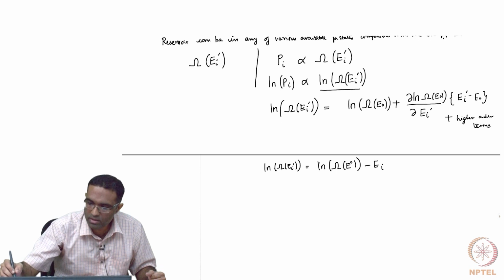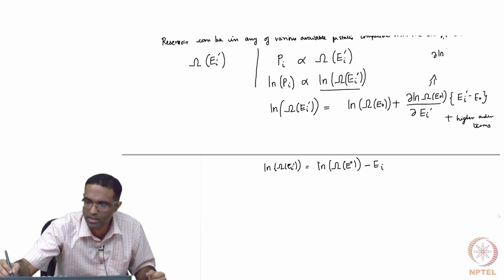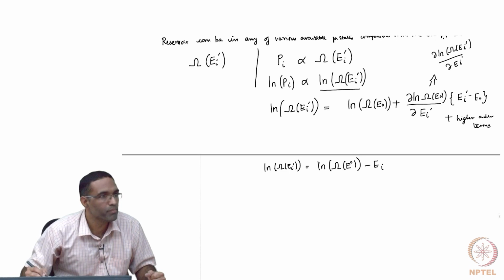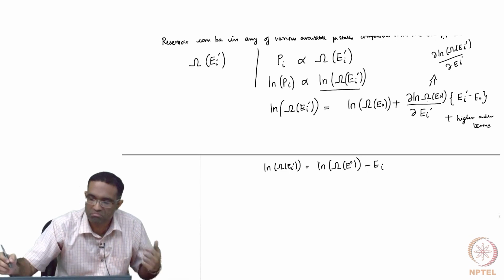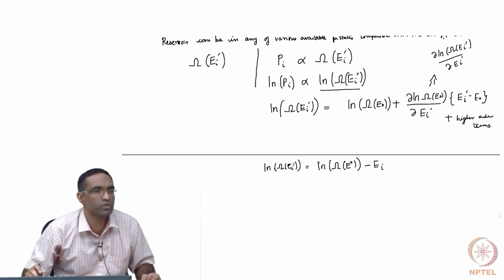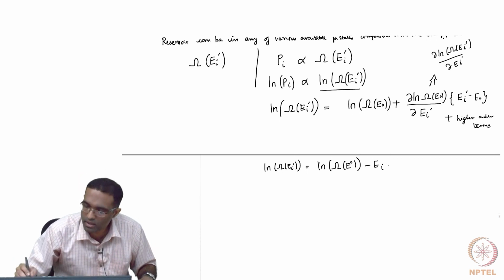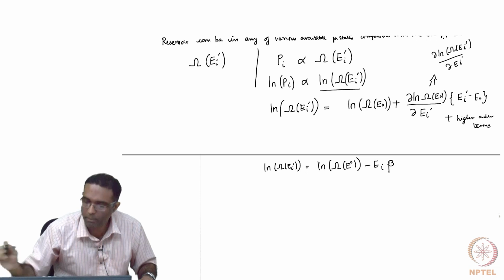However, that is true provided again I approximate this as dou ln omega of Ei prime with respect to dou Ei prime, right? Because I am waving my hands and saying that E naught and Ei prime are pretty close to each other. Consequently, this becomes beta.